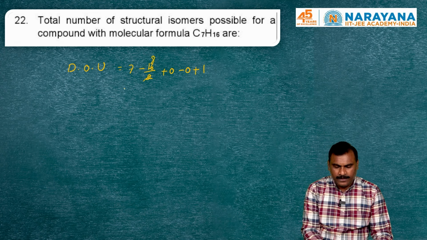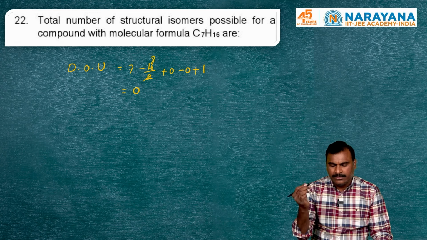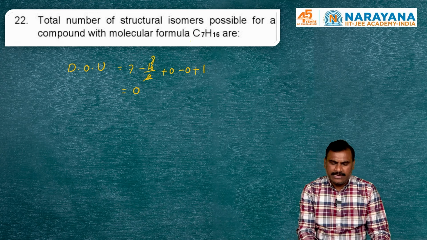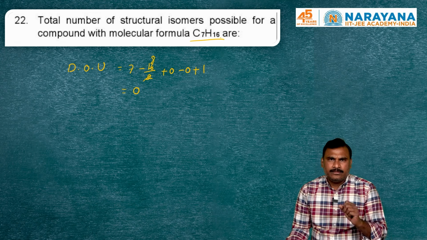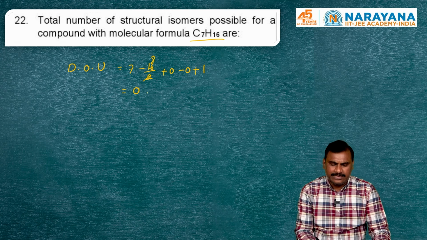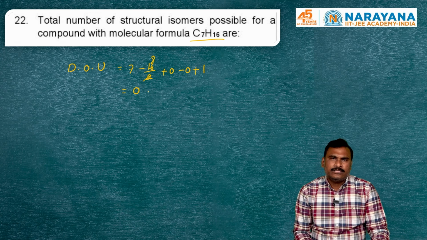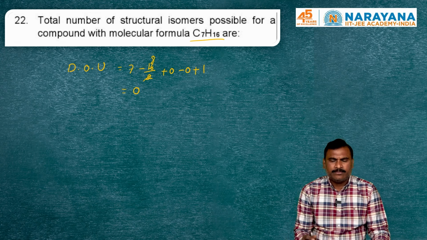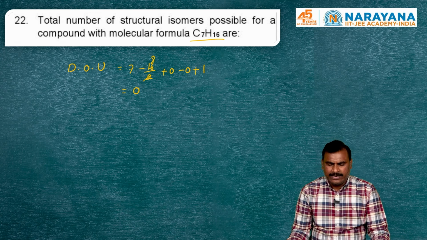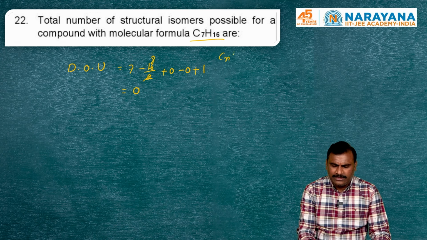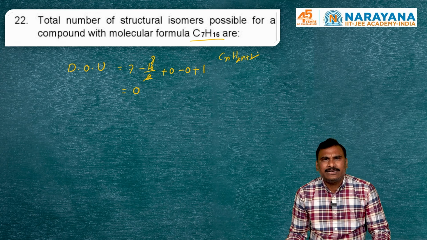Therefore, the double bond equivalence I got is 0. That means there is no degree of unsaturation; there is no double bond or ring. It must be an open chain saturated compound. It also matches with CnH2n+2. So we have the possibility of an alkane.